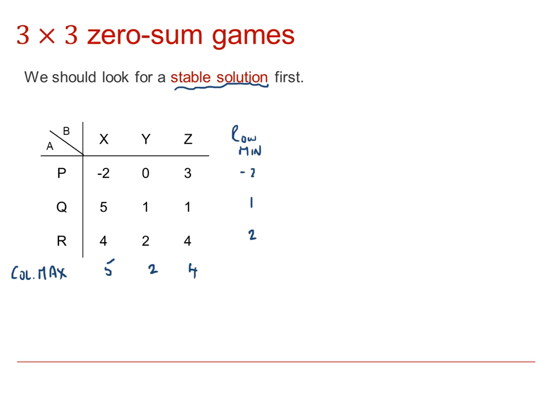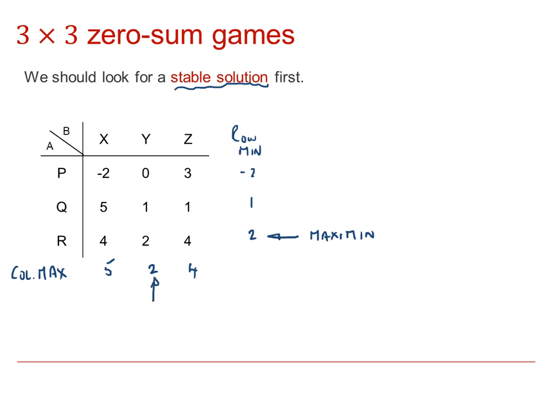So remember that the play safe strategy for A is going to be where we have the row maxi min value. So the largest value of the row minima, which here is 2, so this is the maxi min value, and we want the column mini max value, so the smallest value of these maxima here.